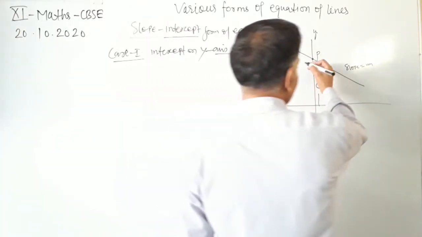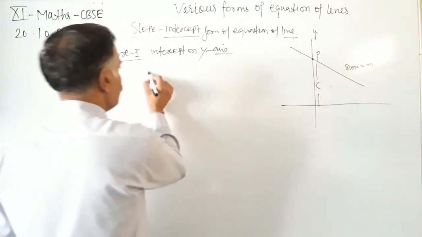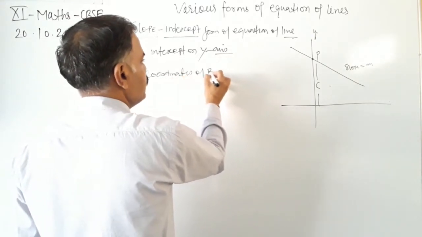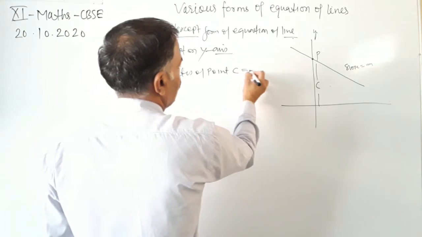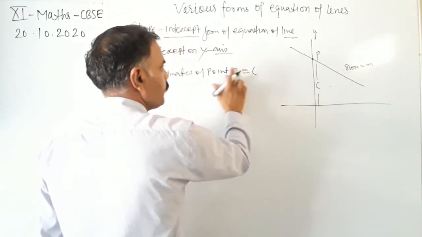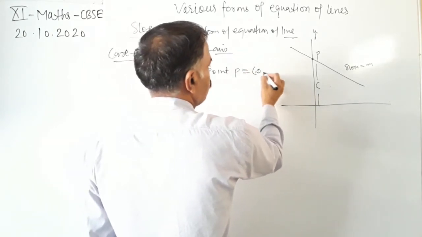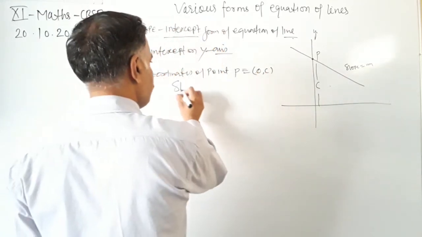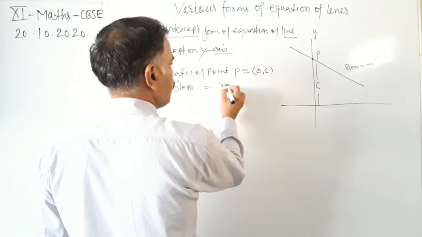Okay, so coordinates of the point P are 0 and c, and slope is given as m.